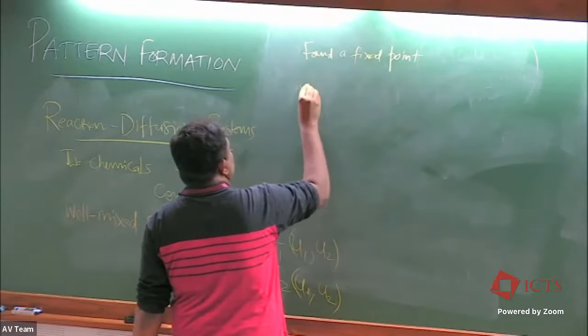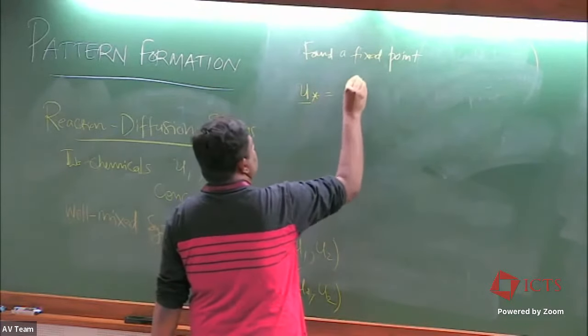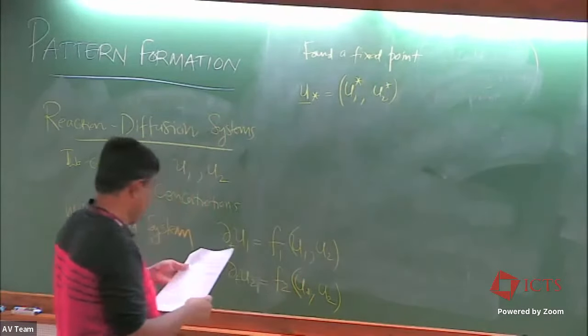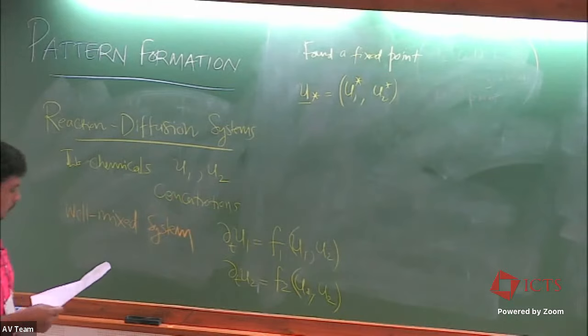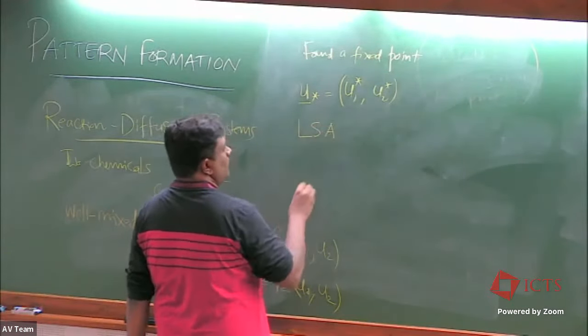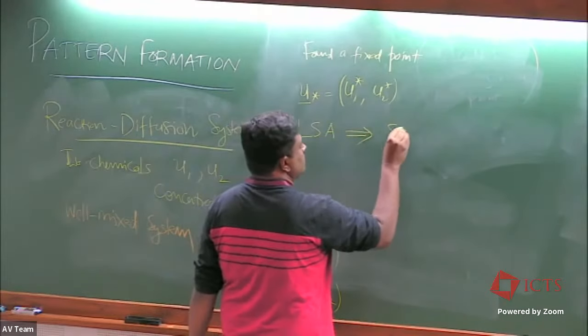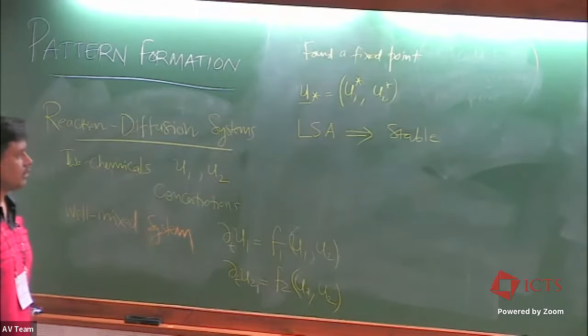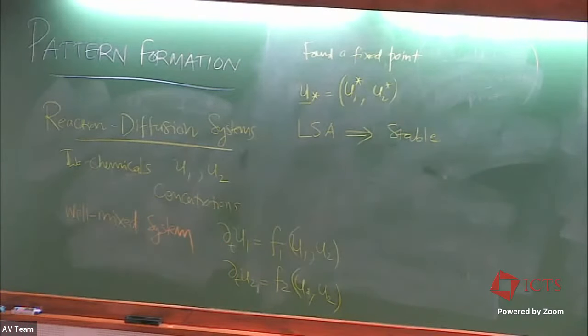U star, which is basically some U1 star, U2 star. And you did some linear stability analysis, and it showed that this fixed point is stable. So for the ODE system, the non-spatial version, linear stability analysis tells you that the growth rates are negative.